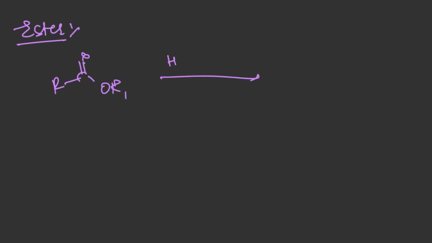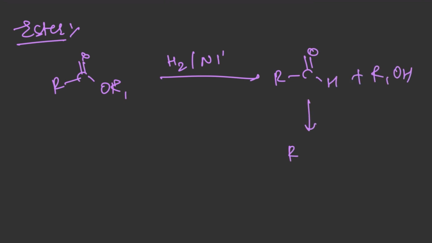Let's talk about its reaction with ester. RC double bond OR1 reacting with hydrogen nickel will form RC double bond OH plus R1OH. It forms RCH2OH. Whenever we get aldehyde, hydrogen nickel forms alcohol. But first we need to get aldehyde.